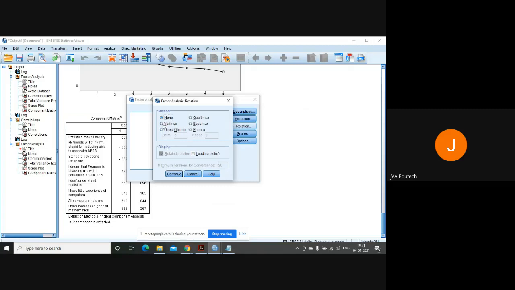Here you find written Varimax, Quartimax, Equamax, Promax, Direct Oblimin. Varimax is the most popular orthogonal rotation, and Quartimax is also an orthogonal rotation. These two are a kind of orthogonal rotation. Direct Oblimin, Equamax, and Promax are the kind of oblique rotations.